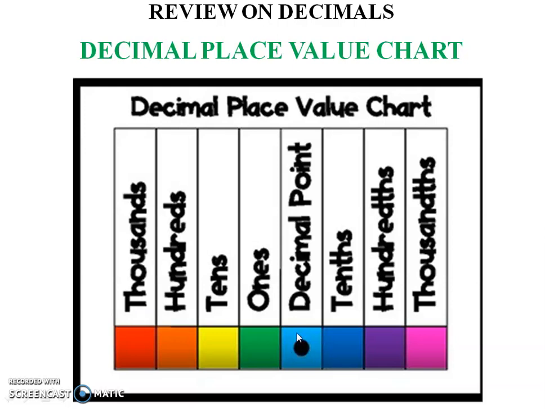You can see the decimal point here. To the left side of the decimal point, you can see ones, tens, hundreds, thousands. Now let's see what is happening on the right side of the decimal point.